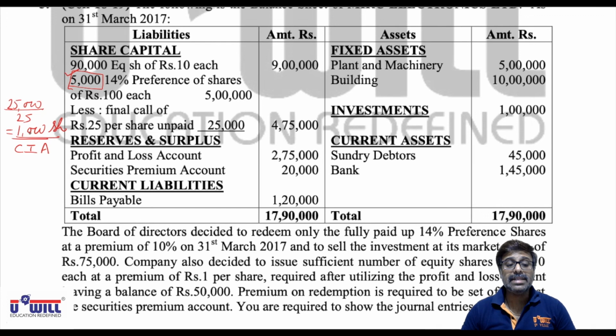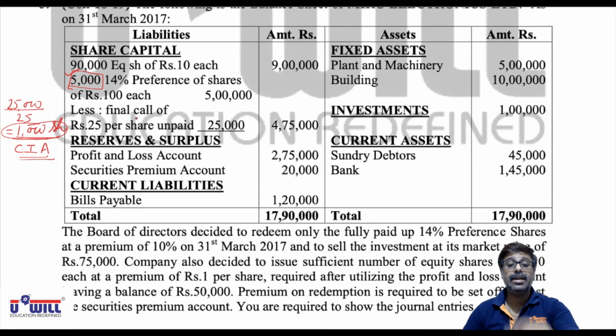But if they don't pay even after the reminder, then the company has a right to forfeit these shares. But the company will not redeem these 1,000 preference shares. The company will redeem only 5,000 minus 1,000, 4,000 preference shares.